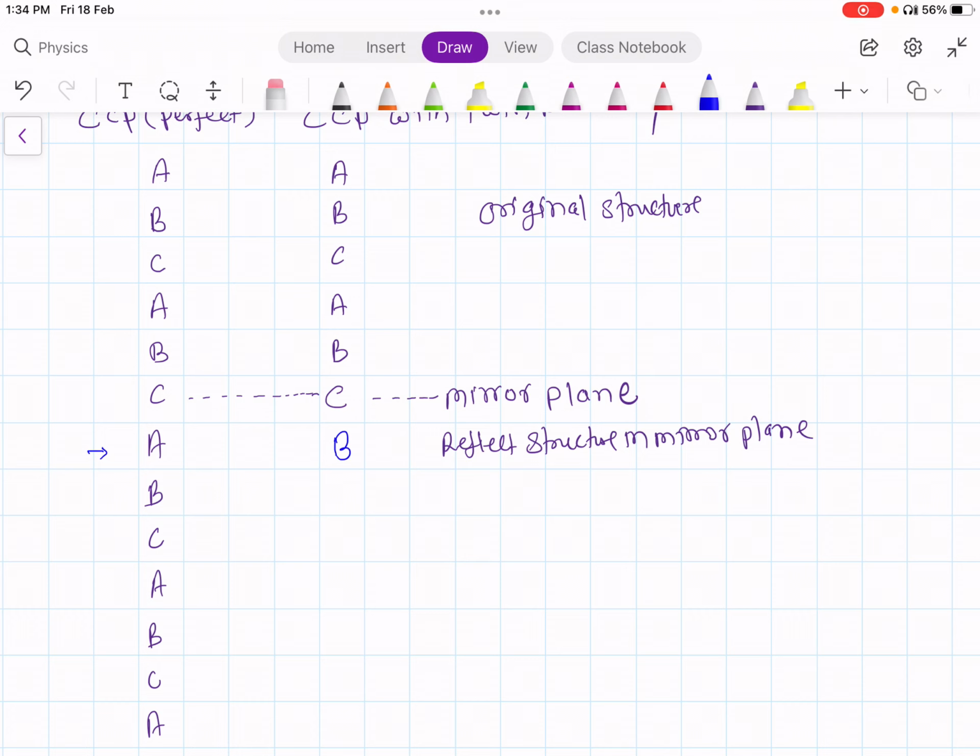This B is a reflection of this B. And at this point, I will get A. Instead of B, I am getting A here, and this A is the reflection of this plane in the mirror plane. Similarly, I will get here C, B, A, C, B, A, C. Then I will get B over here. Then I will get A.